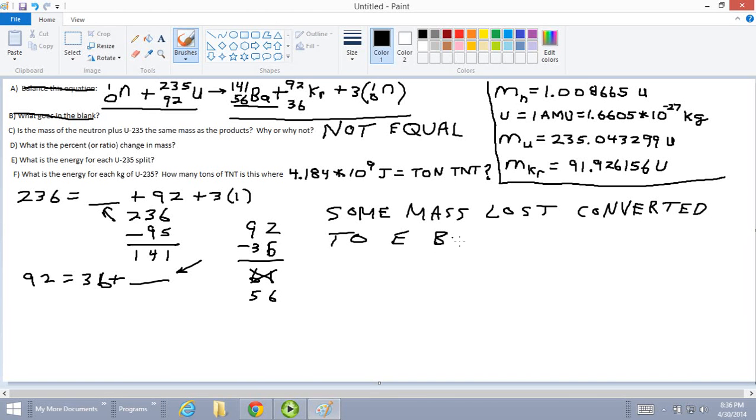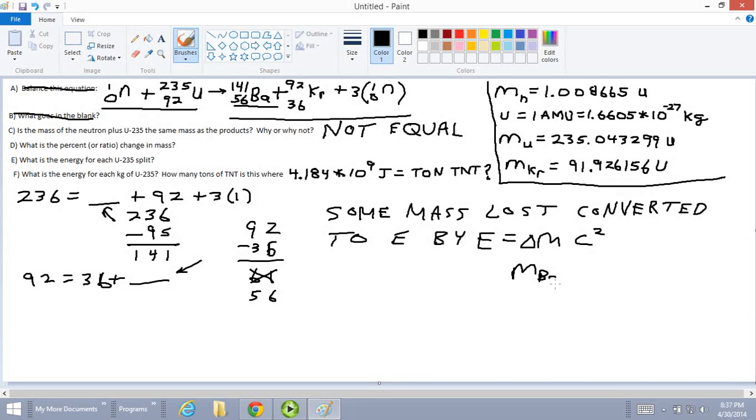E, energy, equals the mass lost, delta M, times the speed of light squared. I put in some constants up here, by the way. The mass of the neutron, 1 AMU equals this many kilograms. The mass of the uranium, the mass of the krypton. We will need the mass of barium-141, so I'll put that.